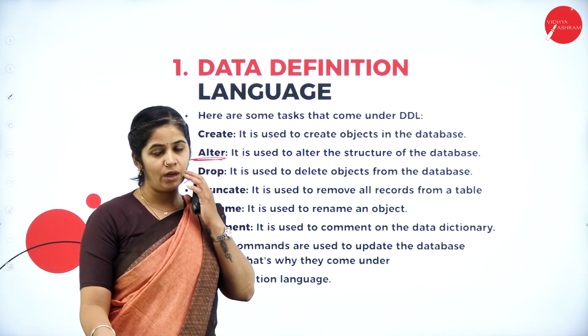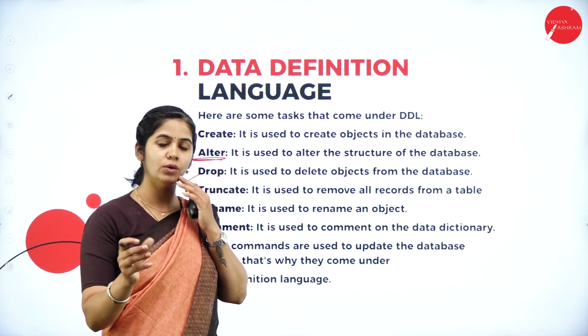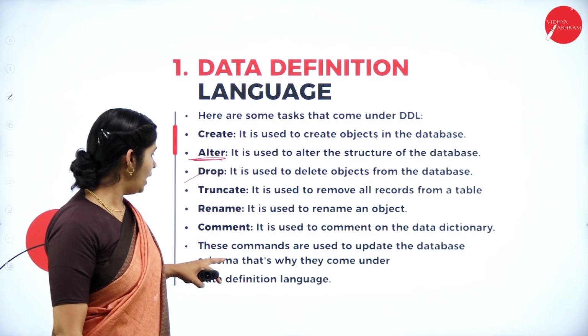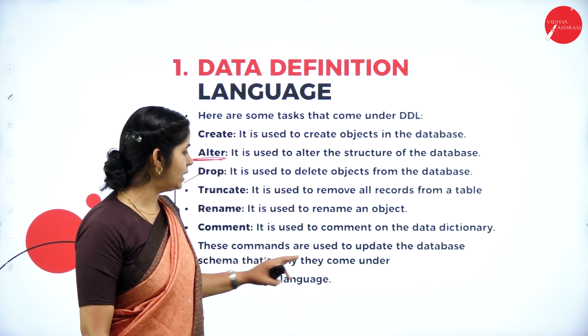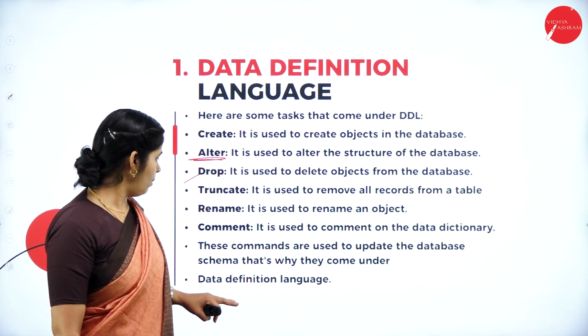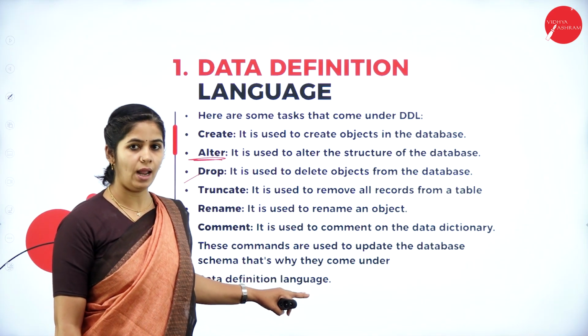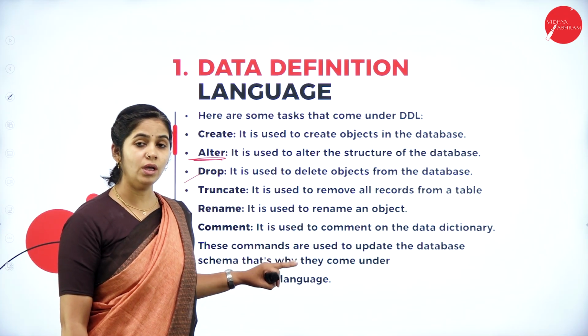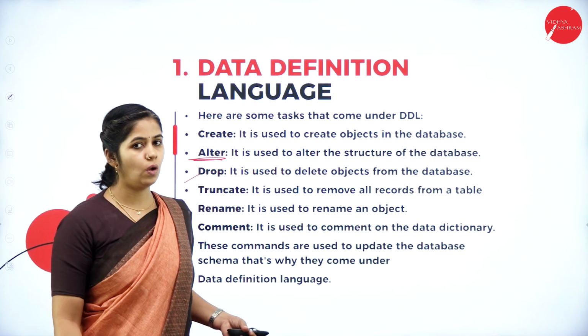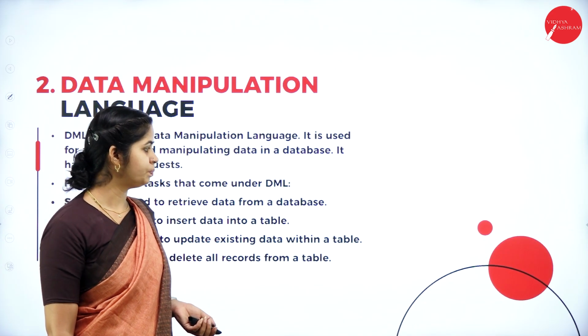We can use comments to make things easier to understand. These commands are used to update the database schema. That's why they come under the data definition language. In all these operations, we are defining the data. So, it is called data definition language.